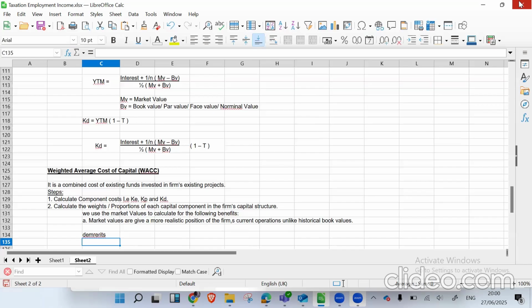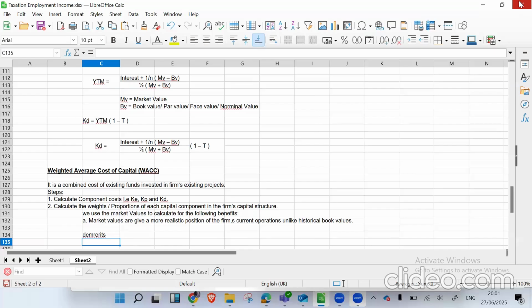Number B, use of market values is not realistic, since practically security prices will always fluctuate, and will not remain constant and will not be static.